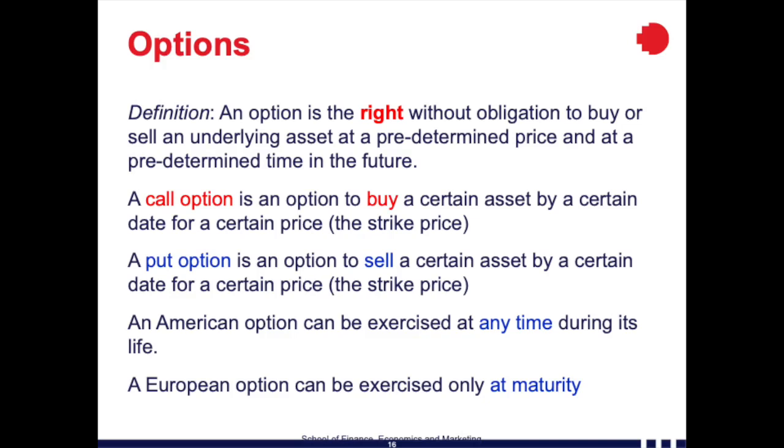And therefore, when you buy the option, it gives you the right, and you need to pay a substantial premium for this right. For the forward or futures contract, you don't need to pay anything when you first create the contract. No money changes hands at the initiation. Okay, but for an option, when you buy an option, one party will need to pay the other party the premium, which is the so-called price of the option.